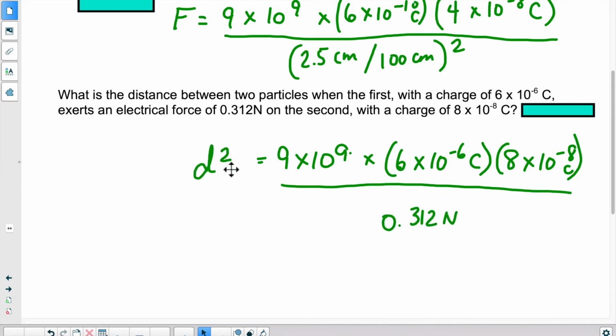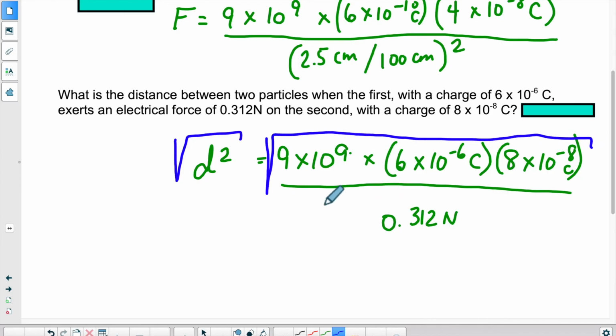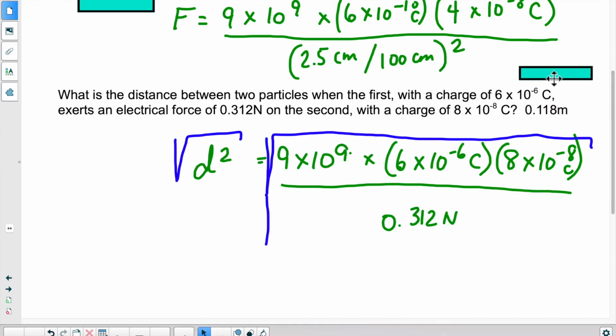But let's not forget, this is squared. So if I want to get rid of my square, because I just want the distance itself, I need to square root both sides, right? So I should calculate all this, square root it, and that will give me basically the distance itself. And so your answer should be 0.118 meters.